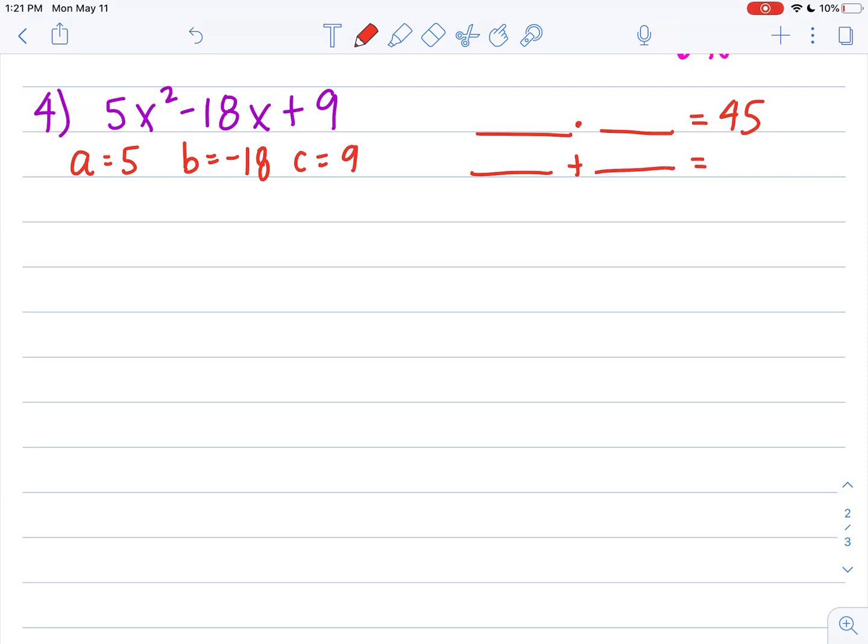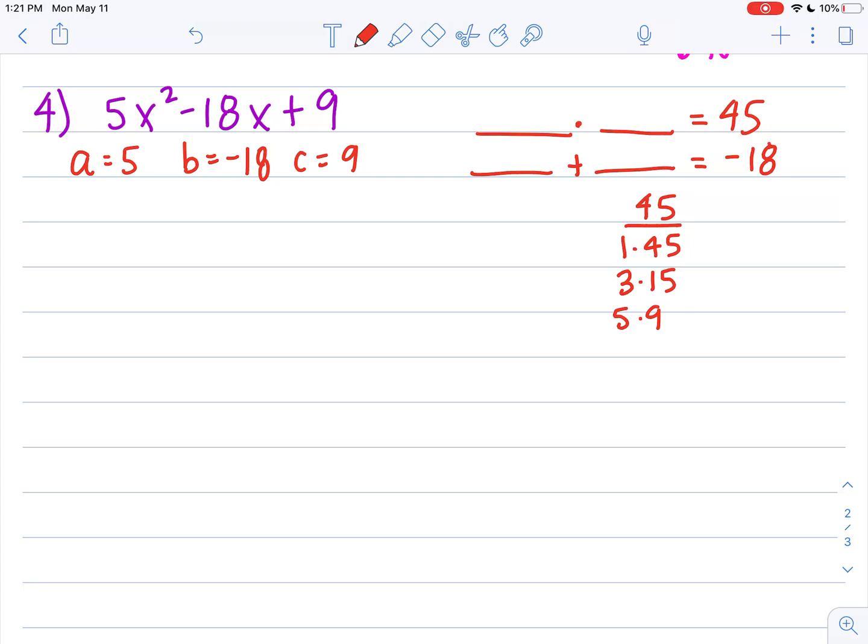And then that same number plus that number is going to be B, which is negative 18. Okay, so we find the factors of 45. So 1 times 45, 3 times 15, 4 doesn't go in, but 5 times 9, 6, 7, and 8 don't go in. So those are our only factors.